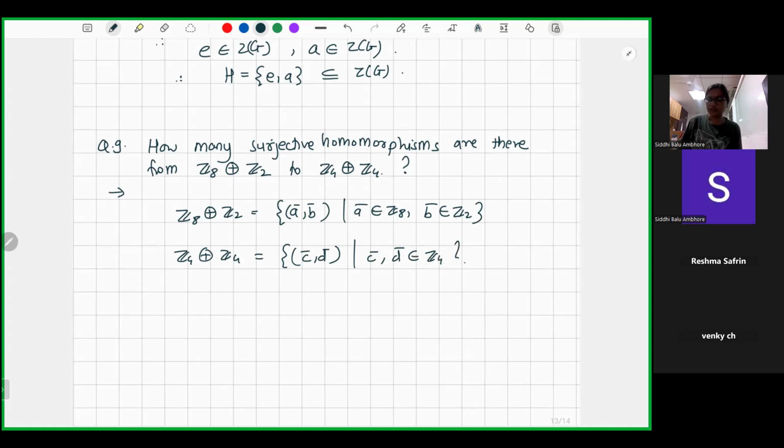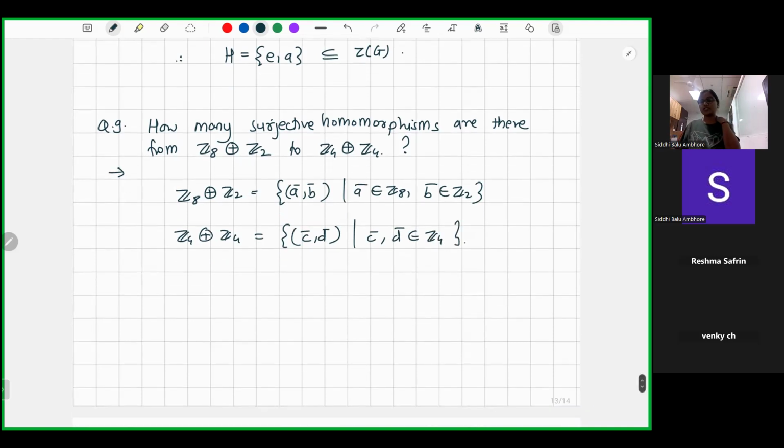Can we give any surjective homomorphism from this Z8 product Z2 to Z4 product Z4? Is this possible?